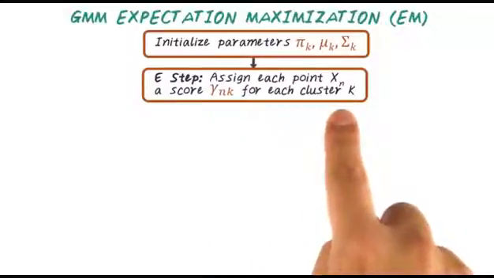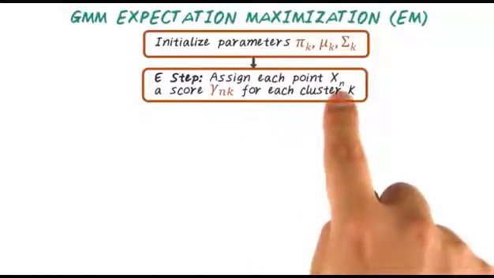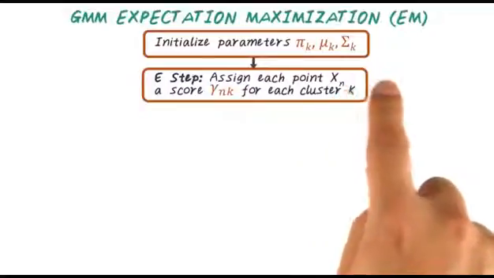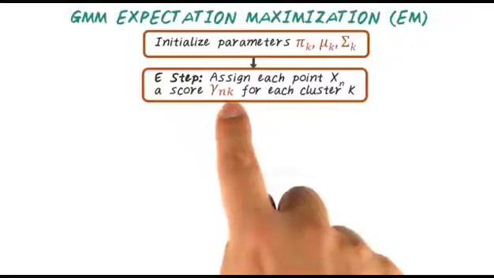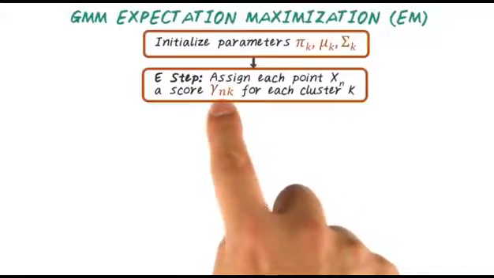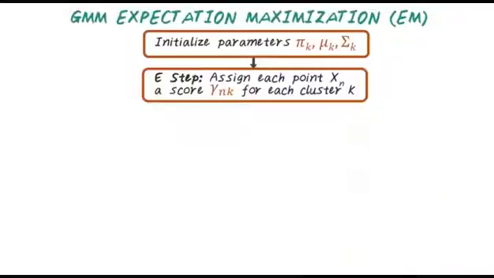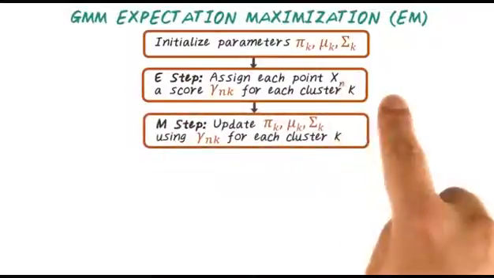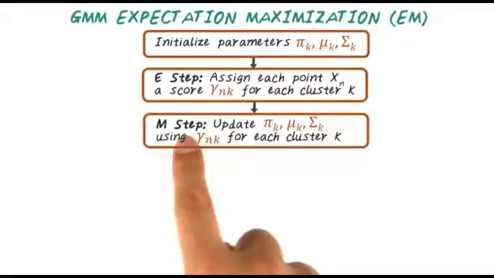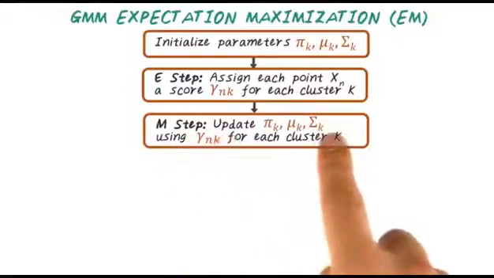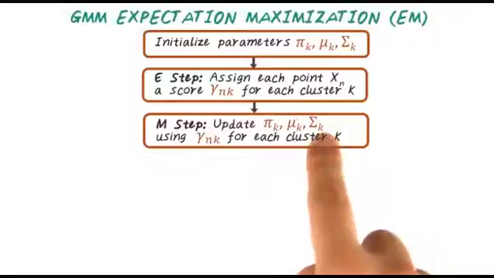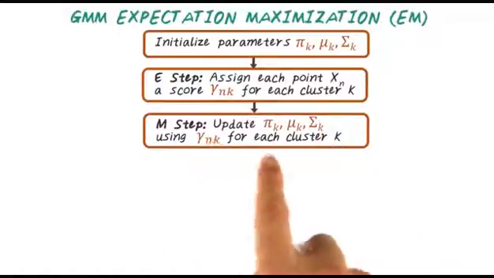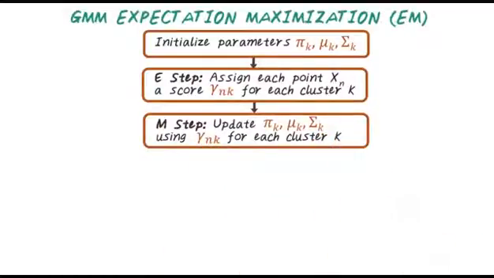So data point xn will have k scores, one for each cluster. In particular, gamma nk tells us how likely xn is generated from cluster k. Once we have all the assignments, then in the M step, we update all those model parameters, pi k, mu k, sigma k, using the scores we have learned from those assignments.